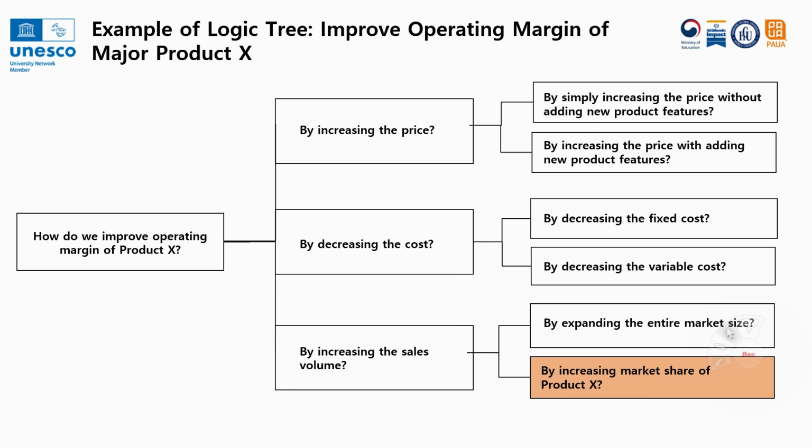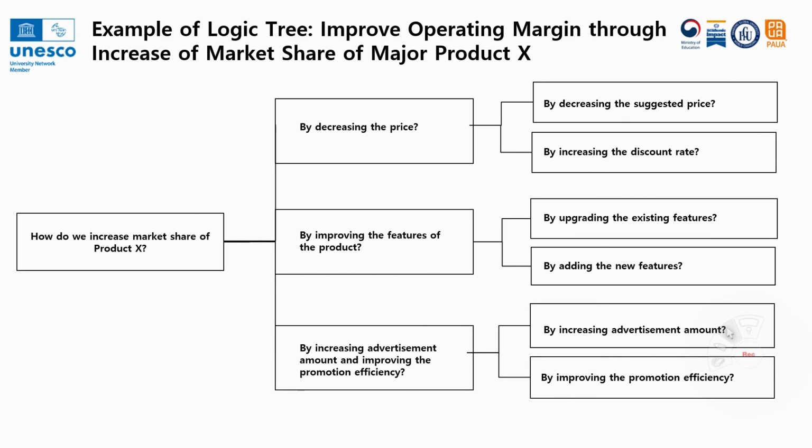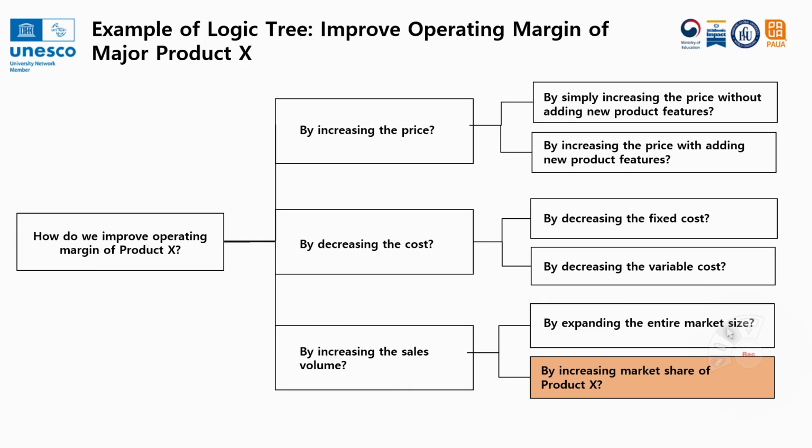And in this slide, we can also draw another issue tree focusing on how we increase market share of product X. So the final answer we would like to get is how we improve operating profit of product X, right?